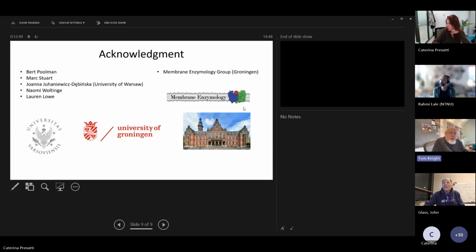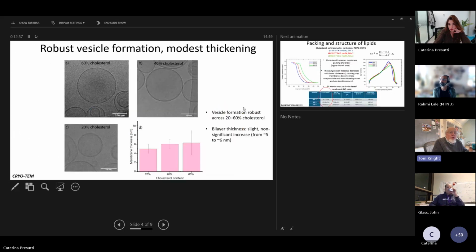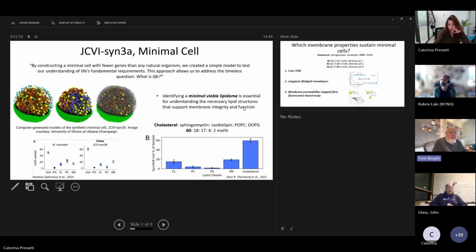I was wondering if you had taken a look at the E. coli plasma lipid composition and how it manages to function effectively without cholesterol. Could you repeat the question?